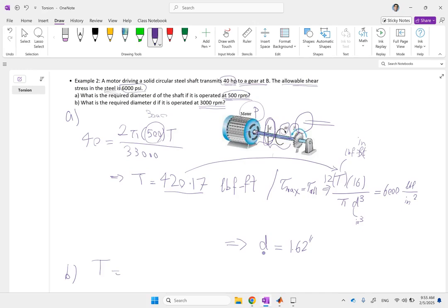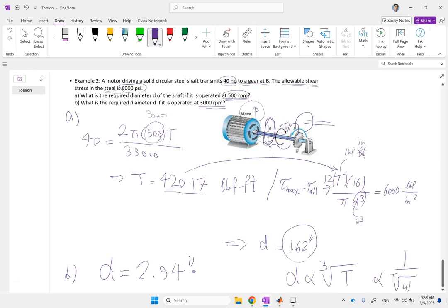And from here, you can see that since d cubed is proportional to T, d is going to be the third root of 6 times whatever it is right now. You get 2.94 inches for diameter, and so you can see that d is proportional to the cubic root of T, or inversely proportional to the cubic root of omega.